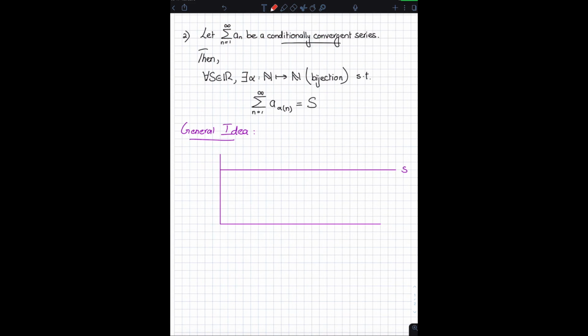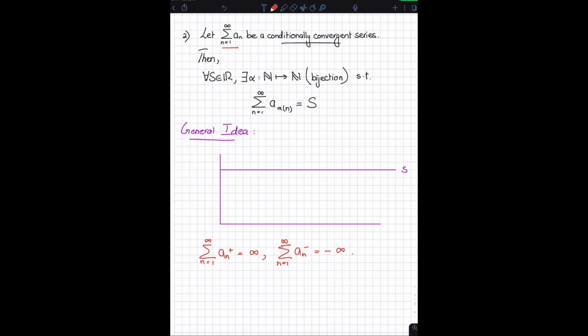Now, what I'm going to do first, notice that since the summation from n equals 1 to infinity of a of n is a conditionally convergent series, by definition of conditional convergence, I know that the summation from n equals 1 to infinity of only the positive terms of the sequence is infinity, whereas the summation of only the negative terms is negative infinity.